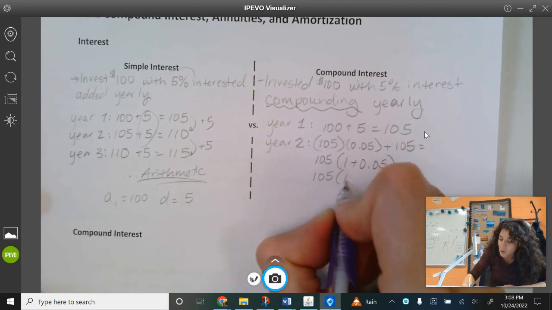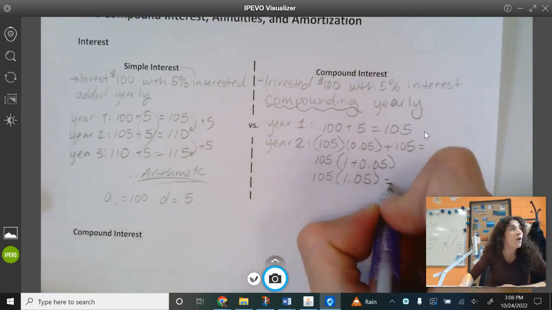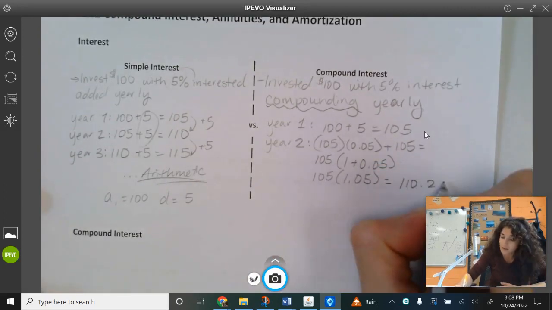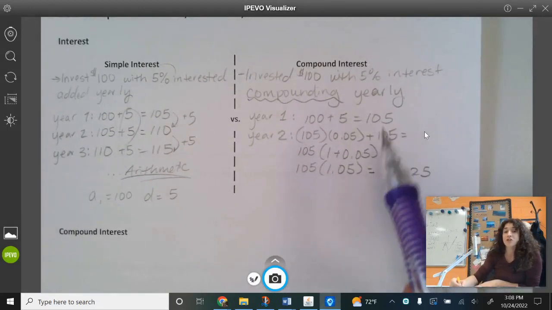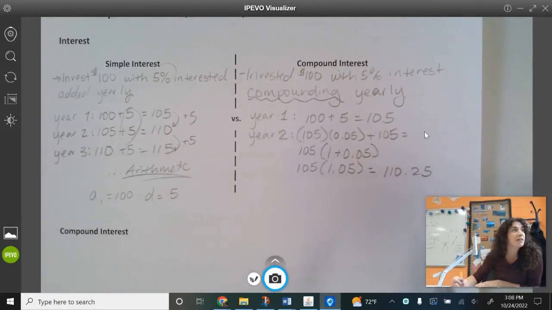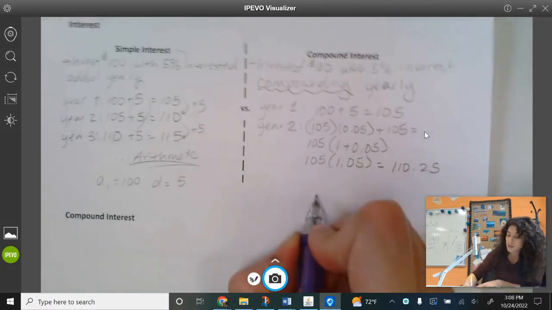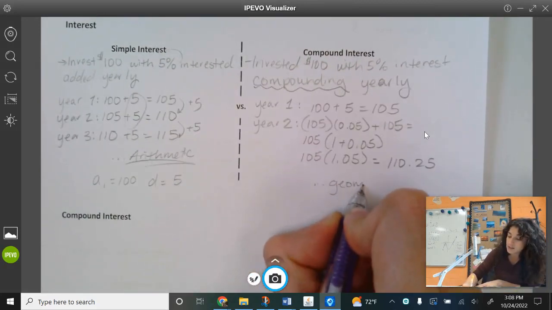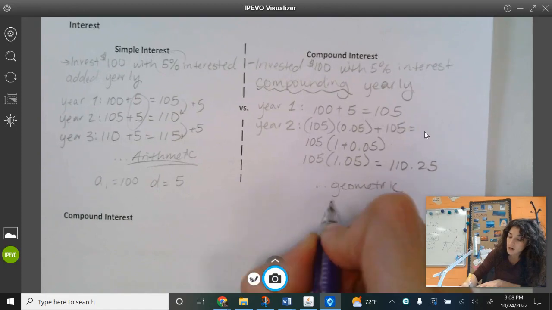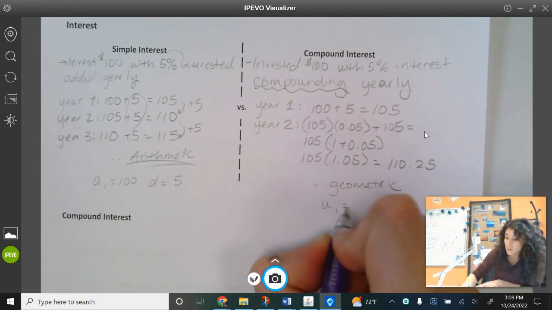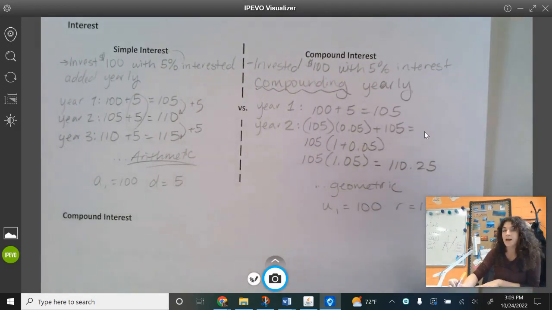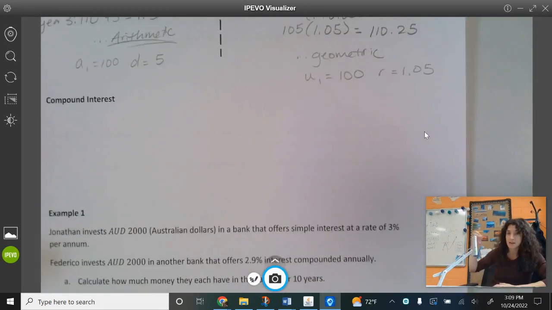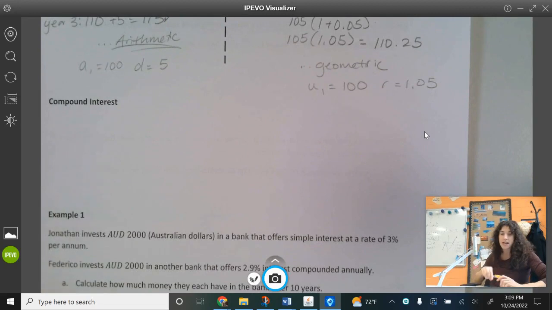Hey, this is starting to look a whole lot like our geometric sequences, right? Compounding interest is a geometric sequence, where our a sub 1 is 100, and this time our r is 1.05 because we're recalculating that 5% every year and adding it back on.